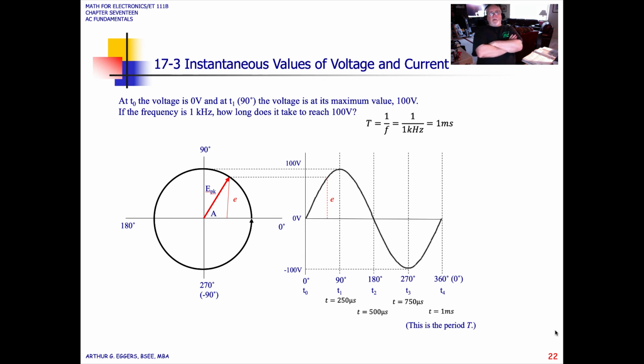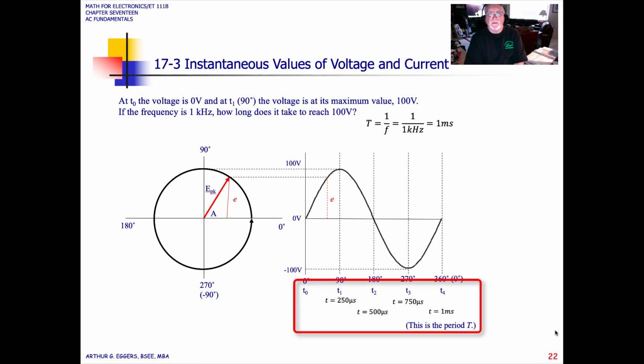So we go back to looking at the relationship between the circle. Sometimes we call it the unit circle, but in this case the unit itself is the radius, and we called it the peak voltage as it relates to the sine wave. Again, looking at the units of time along the bottom of the sine wave, you can see that we have some values inked in here.